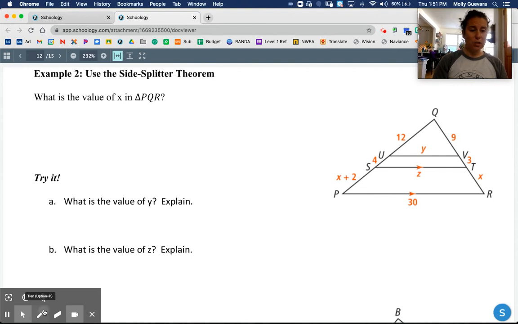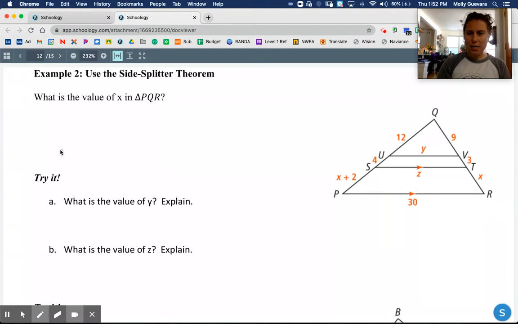So here I have a triangle. It says, what is the value of x in triangle PQR? In this big triangle, my x's are here and here, TR. Let's set up a proportion.